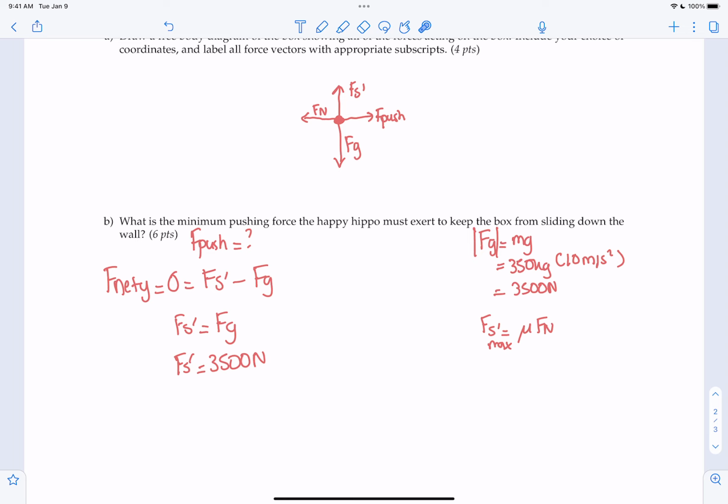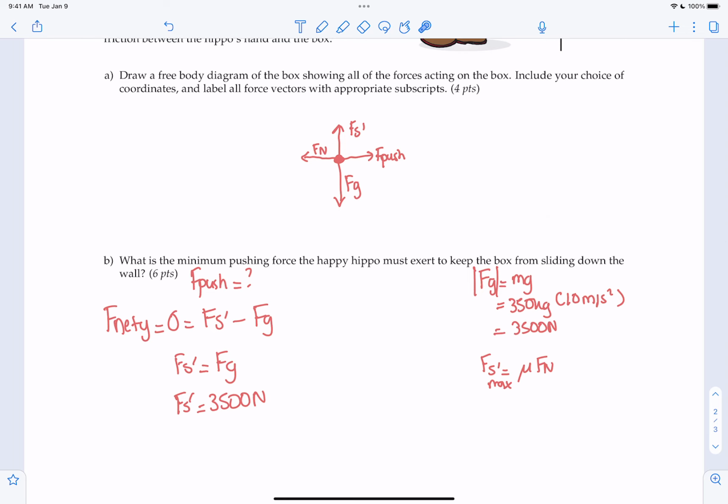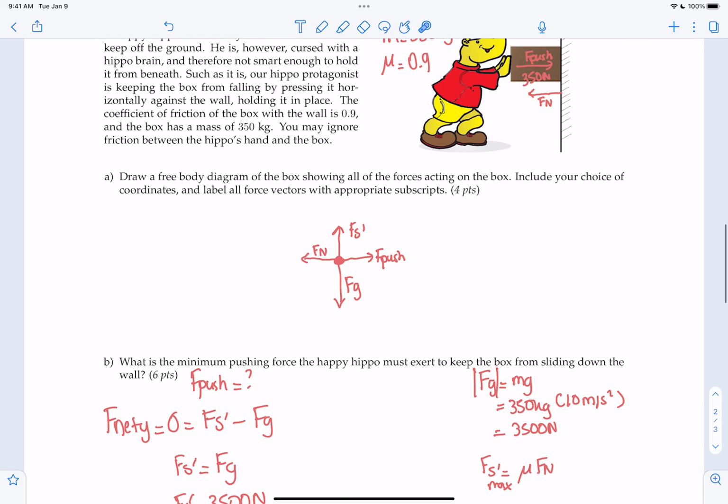But in that case, I can't really say that my static friction force is at a maximum, because I'm not applying the minimum pushing force. So I wouldn't worry about that. I would just think about gravity canceling out static friction force there.